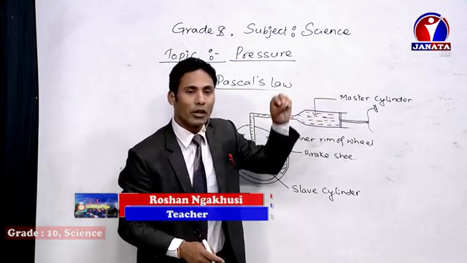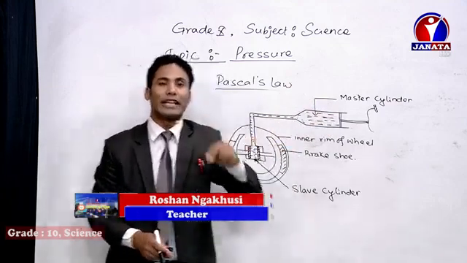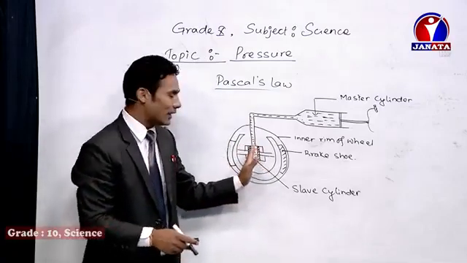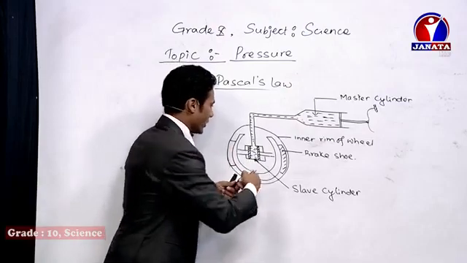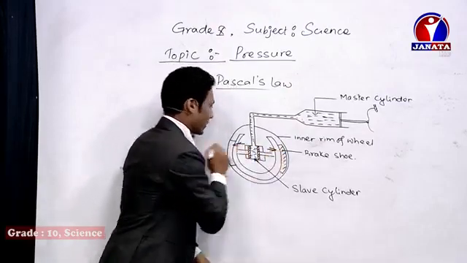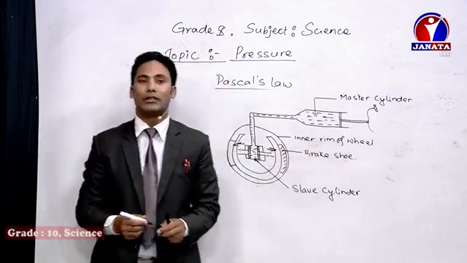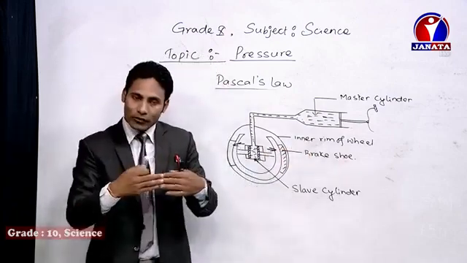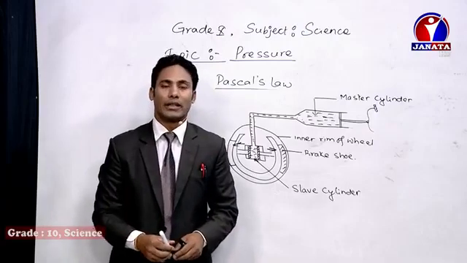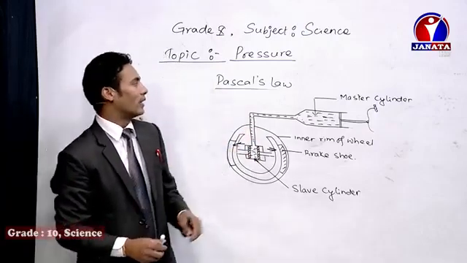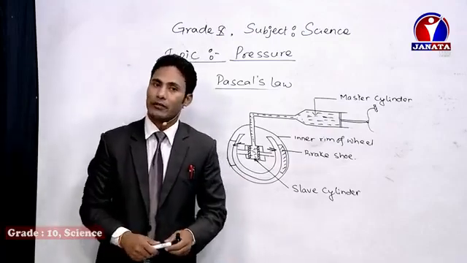From the master cylinder, the pressure is equally distributed to the slave cylinder, and the slave cylinder causes a force on this portion, which pushes the brake shoe towards the inner rim, which slows down the velocity and brings the vehicle completely to rest. So by applying this we can stop even a very heavy vehicle.